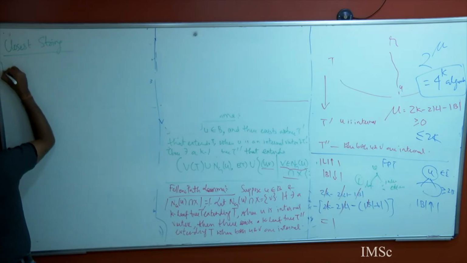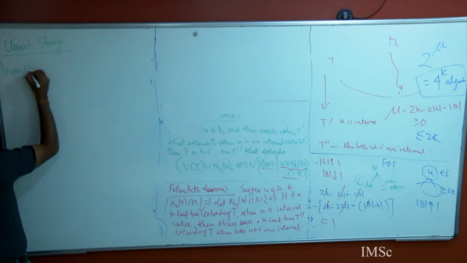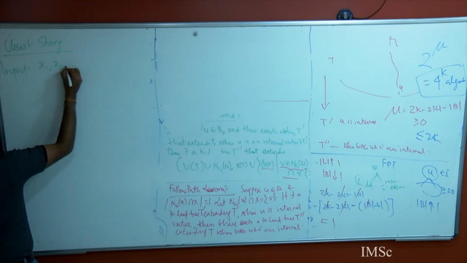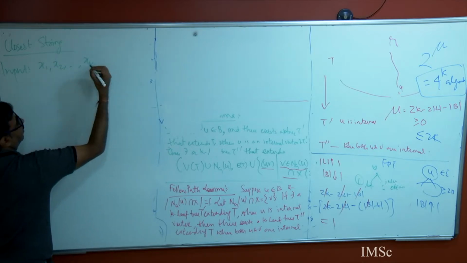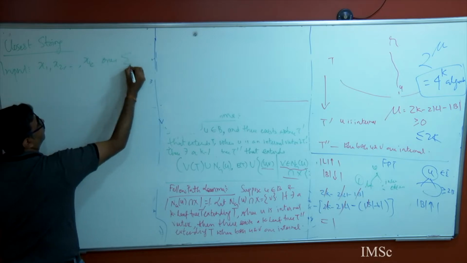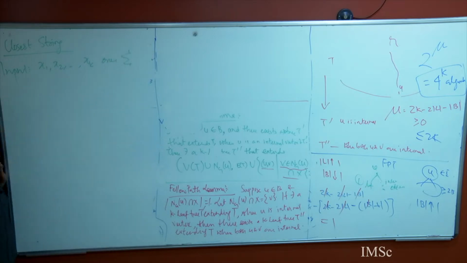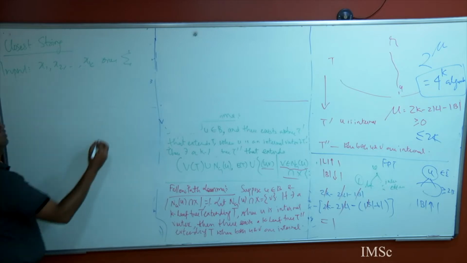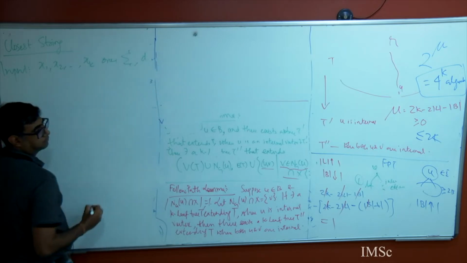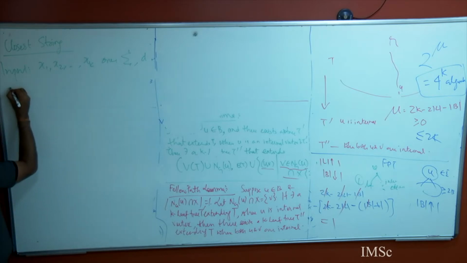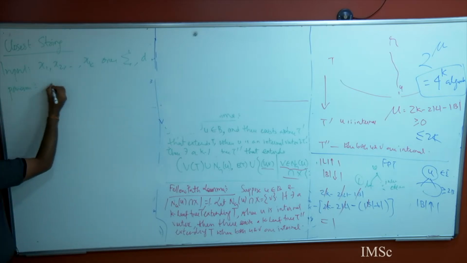Closure string. So what is your input? x1, x2, ..., xk over some alphabet sigma. I don't know what its size is, but it's over some alphabet sigma, and a number d. The parameter is d.